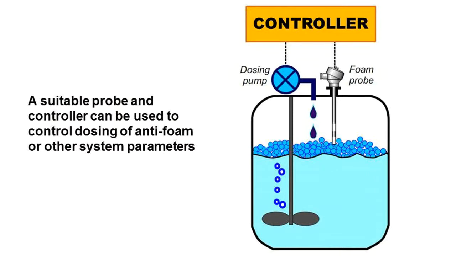This diagram shows a reactor in which we have some liquid and some foam. We have a stirrer that's stirring it up, and we have bubbles of gas, which are either coming from the surface or perhaps we're introducing gas deliberately because we need that for the process. So the bubbles form on the top.